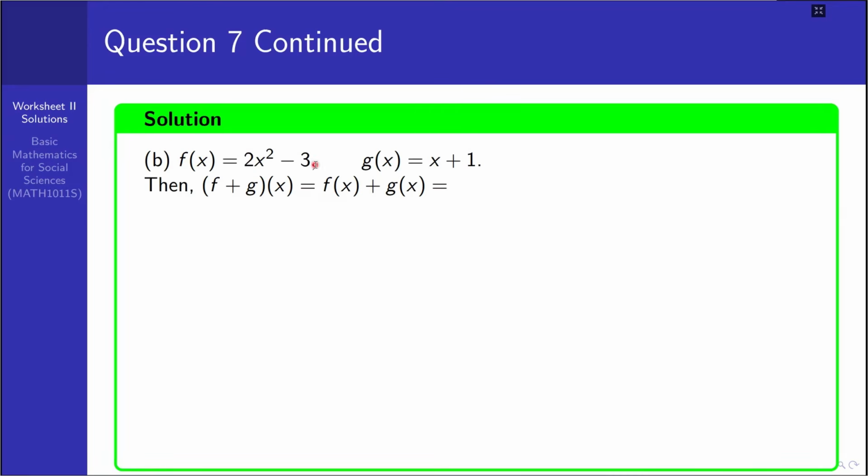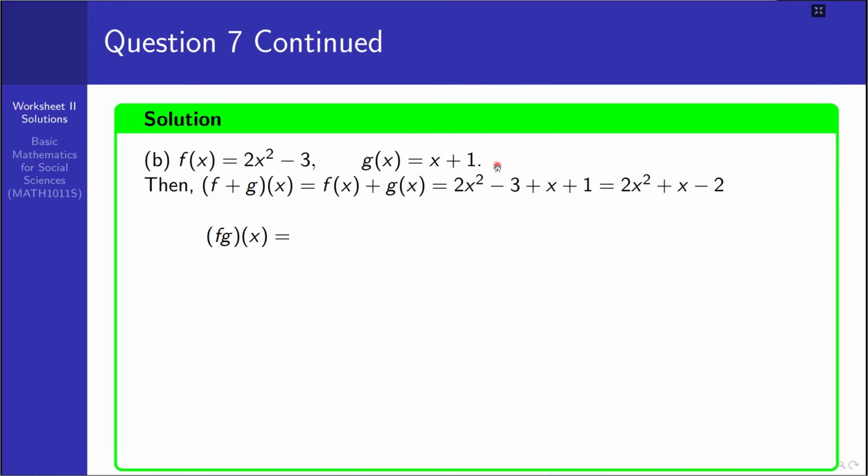If we substitute the terms of f of x and g of x in place of the functions here, we have 2x squared minus 3, that is f of x, plus x plus 1, which is g of x. So this is 2x squared plus x minus 2 could be the formula for f plus g of x whenever f of x is 2x squared minus 3 and g of x is x plus 1.